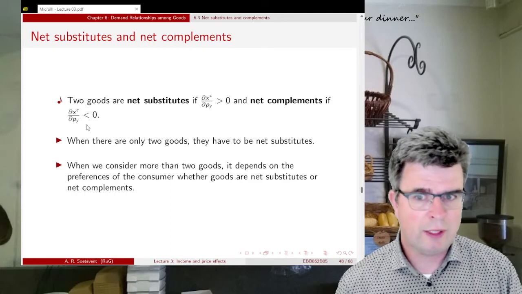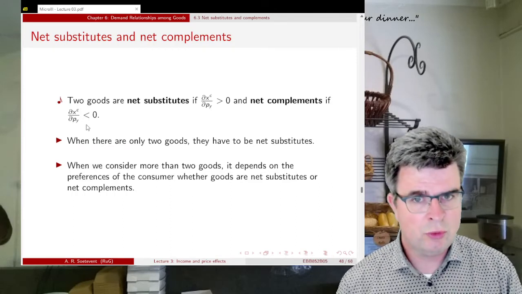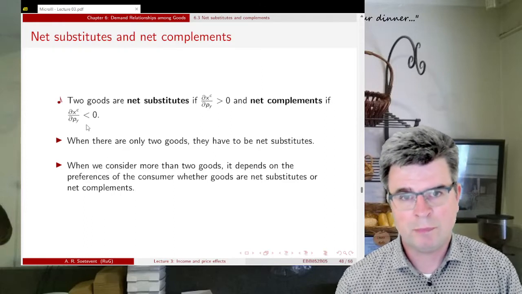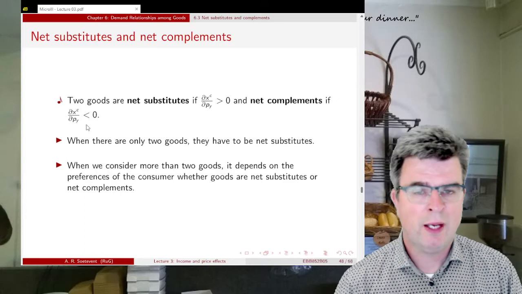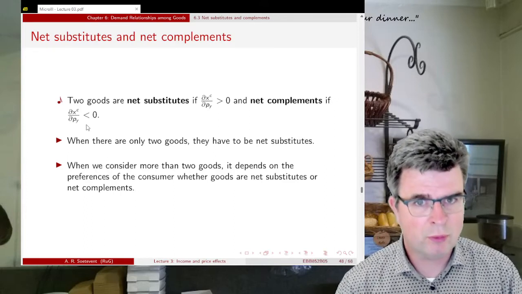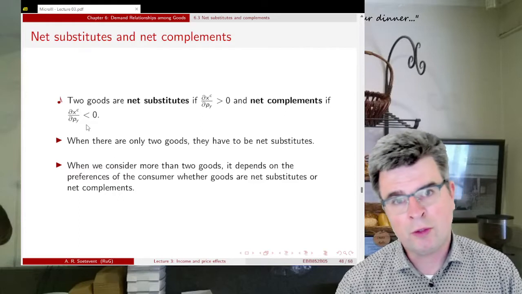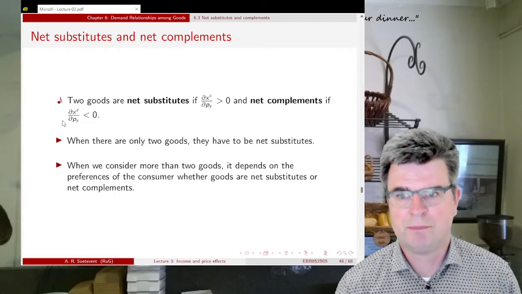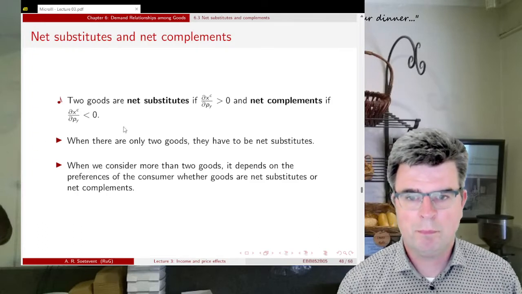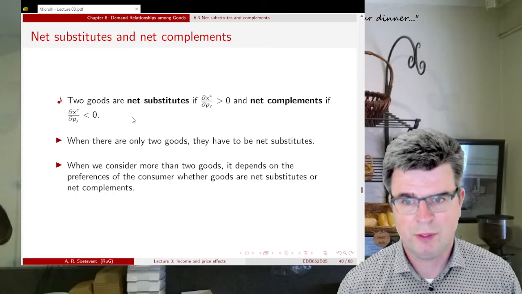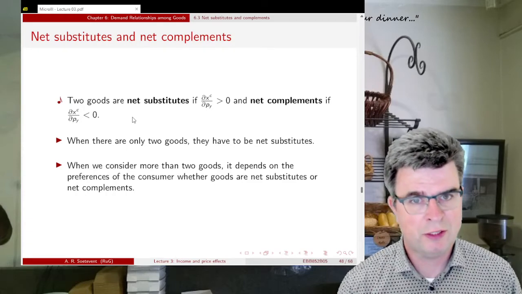Now, in the two good case, the two goods need to be net substitutes because your income needs to go somewhere. And if you consider an economy with more than two goods, then it will depend on consumer preferences whether the goods will be net substitutes or net complements. But this will guarantee symmetry between the goods, an unambiguous classification into substitutes and complements.